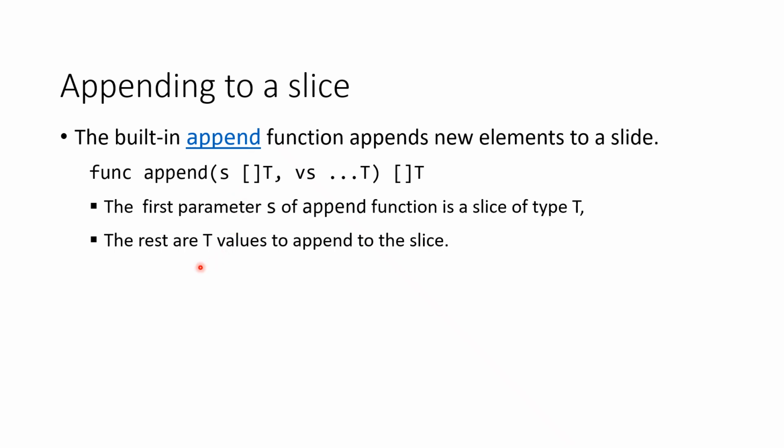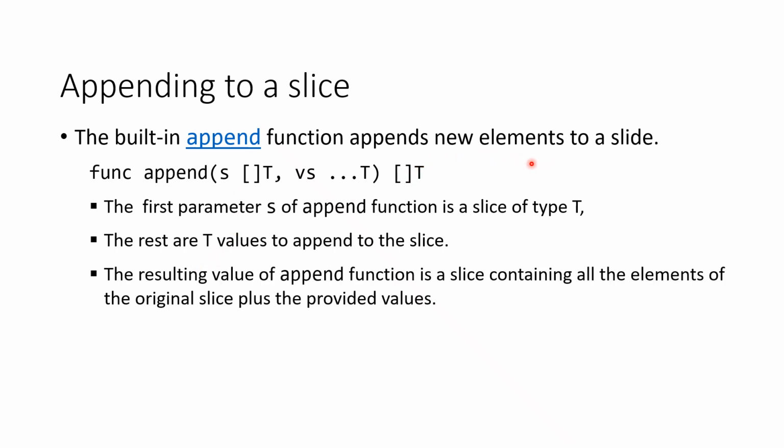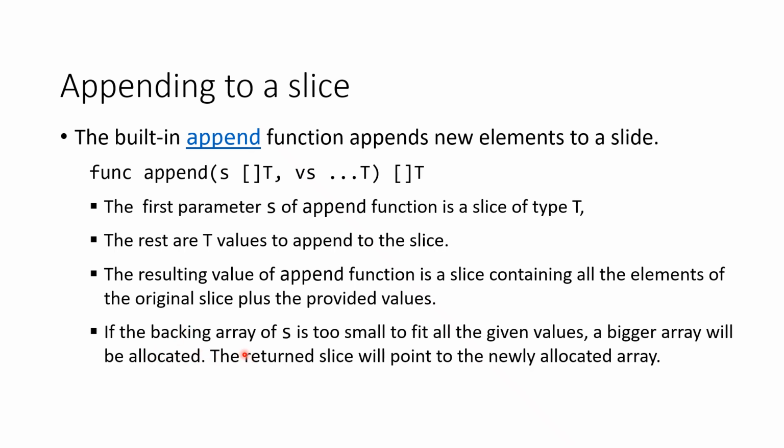The resulting value of the append function is a slice containing all the elements of the original slice plus the provided values. If the backing array of the given slice is too small to fit all the given values, then a bigger array will be allocated, and the returned slice will point to the newly allocated array.